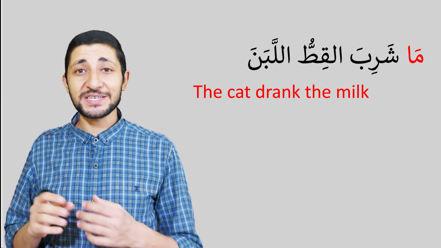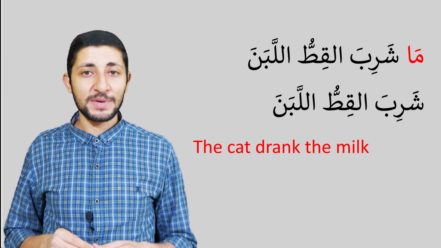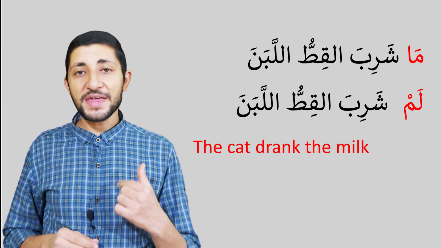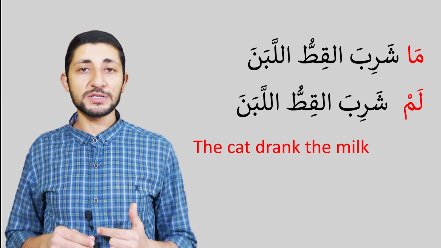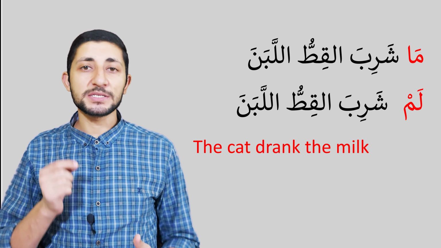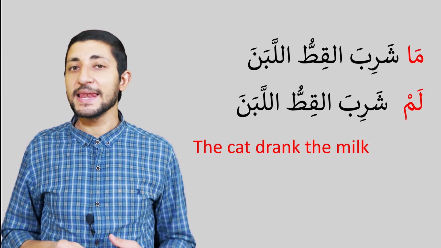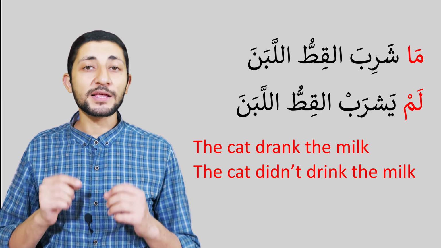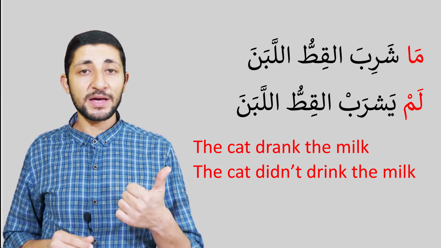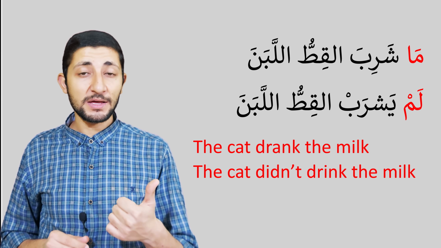Let's now use the second one, لم. I will add لم before the verb, and then I will have to convert the verb into the present because لم is used with present verbs. لم يشرب القط اللبن.